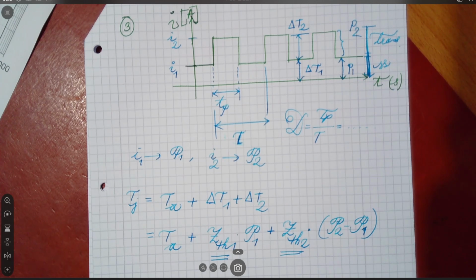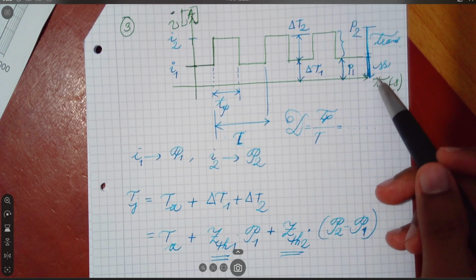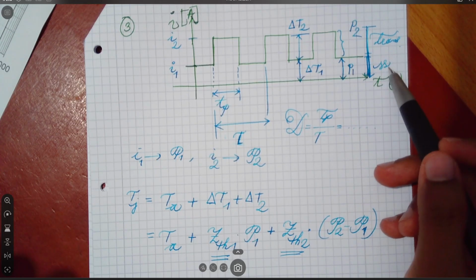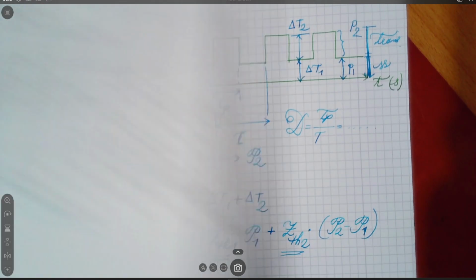Another point I almost forgot to mention is about the reading of ZTH1 and ZTH2, depending on which state of operation we consider. This is very crucial, and actually this was the main reason I wanted to record this tutorial. For the steady state operating point, we need to read the RTH value, that means the final value of the ZTH curve. This is what I mean.